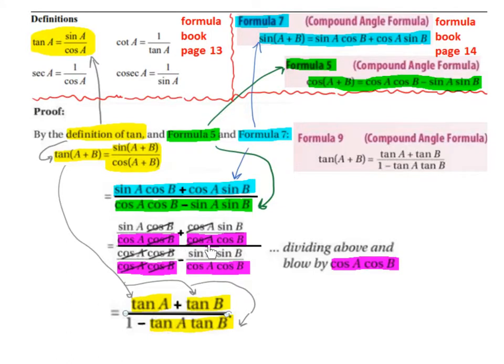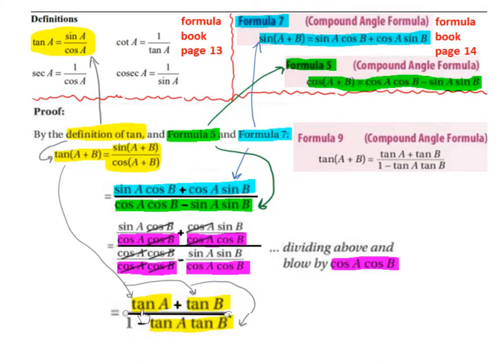We bring down our dividing line, and the next little fraction we have is cos of A cos of B divided by cos of A cos of B. So they just cancel each other out completely, and we're just left with 1.